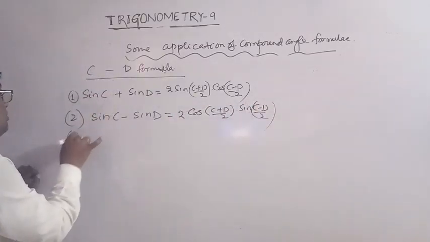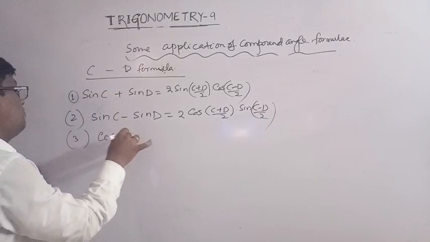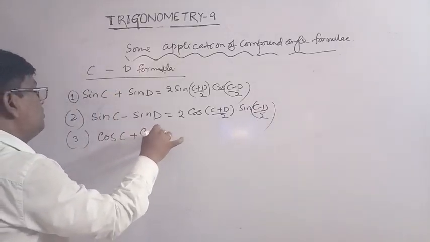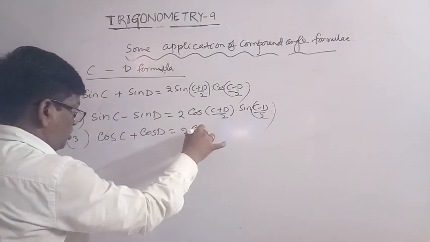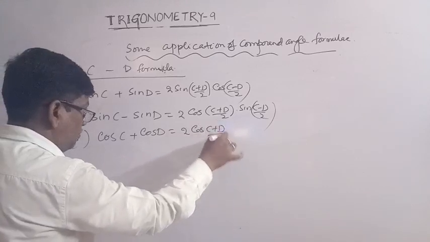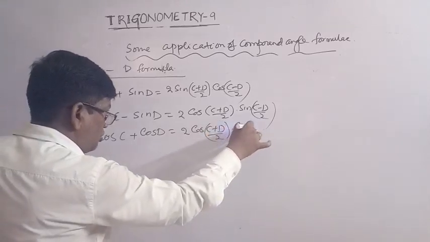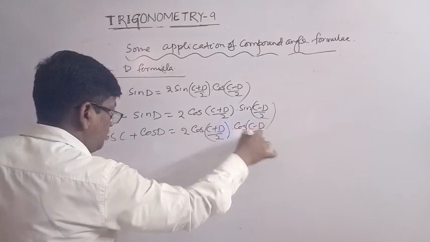Number 3 is cos C + cos D is equal to 2 cos((C+D)/2) cos((C−D)/2).